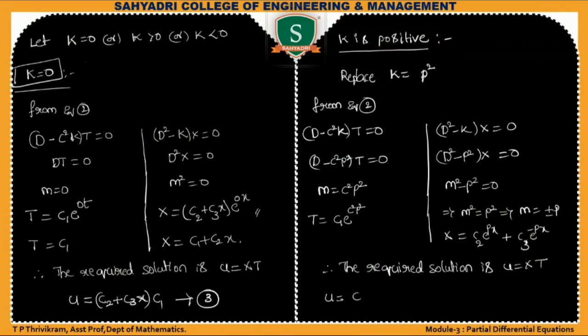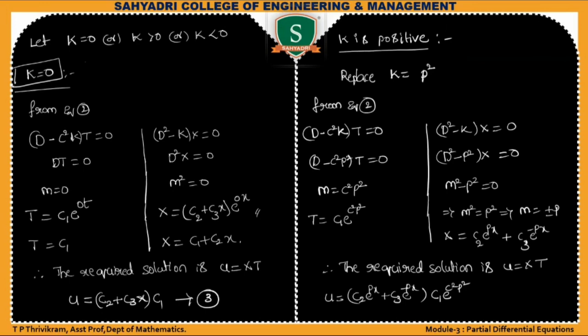So c2 e power px plus c3 e power minus px, into c1 e power c square p square t. Okay, so this is the required solution when k is positive.